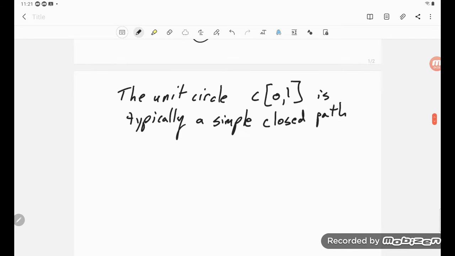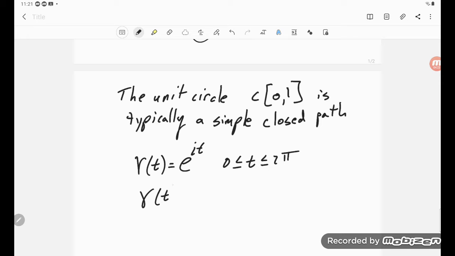I say typically because you would use something like gamma of t is e to the it, 0 less than or equal to t less than or equal to 2 pi, or you might write it as gamma of t equals cosine t plus i sine t, often 0 less than or equal to t less than or equal to 2 pi.